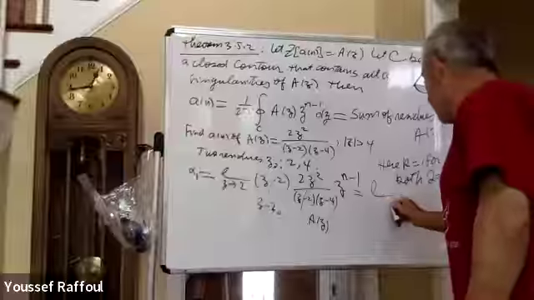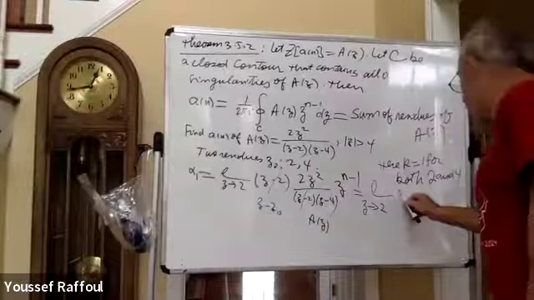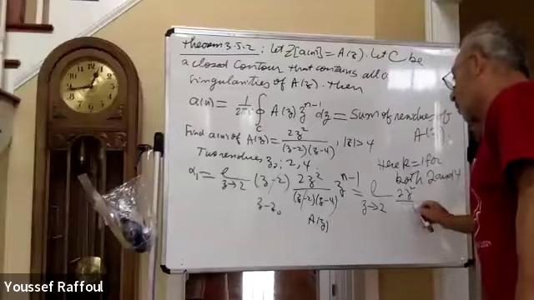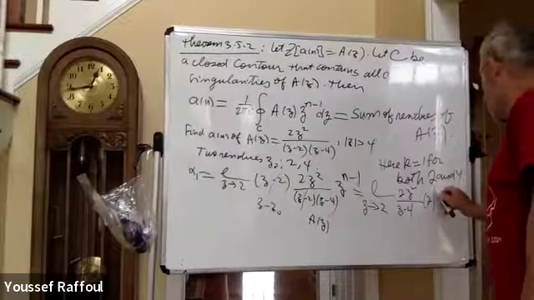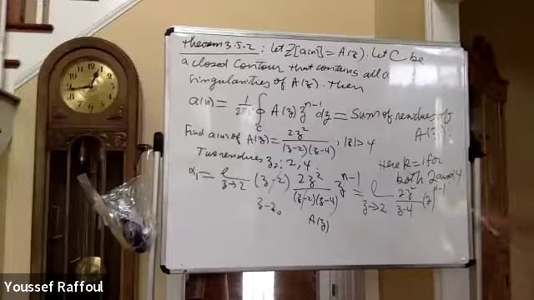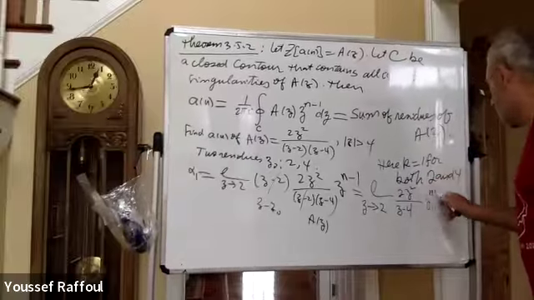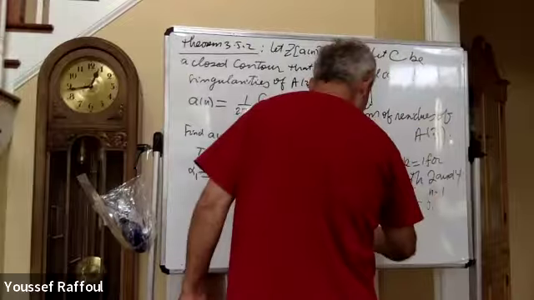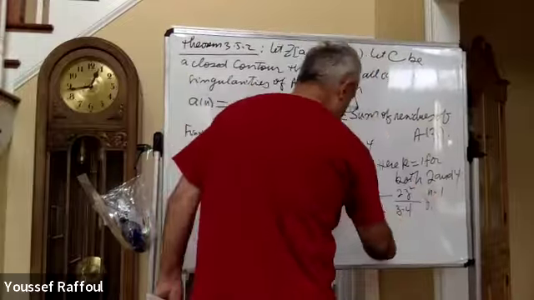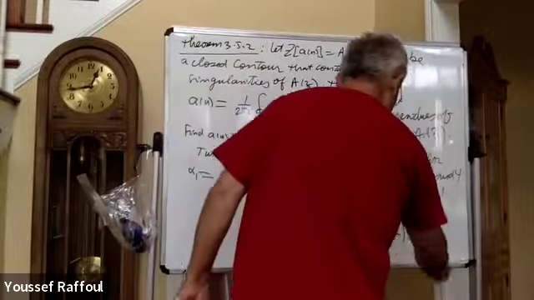So you are having the limit as z approaches 2 of 2z squared over z minus 4 times z to power n minus 1. So take z equal to 2. So that is 4 over minus 2 times 2 to power n minus 1.